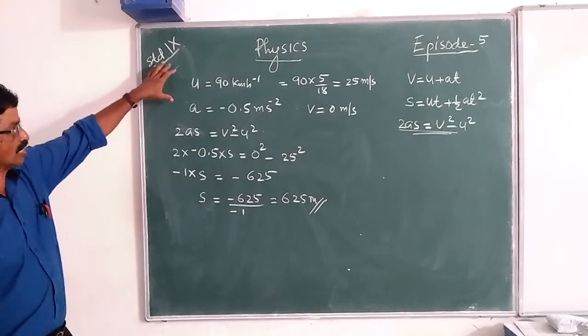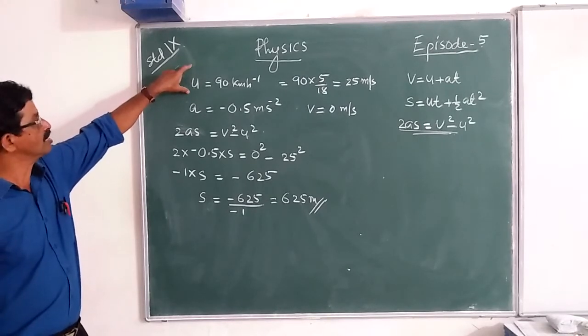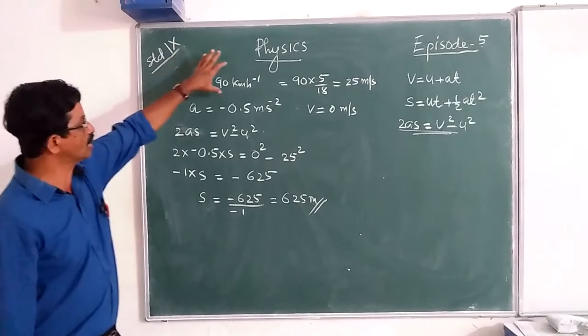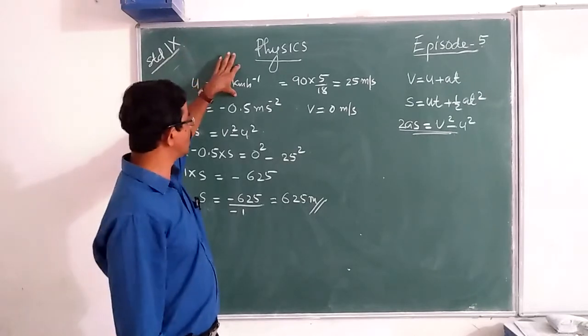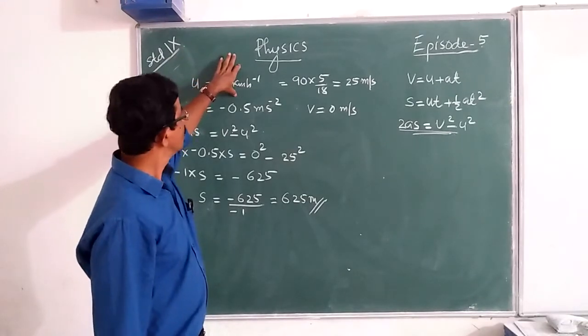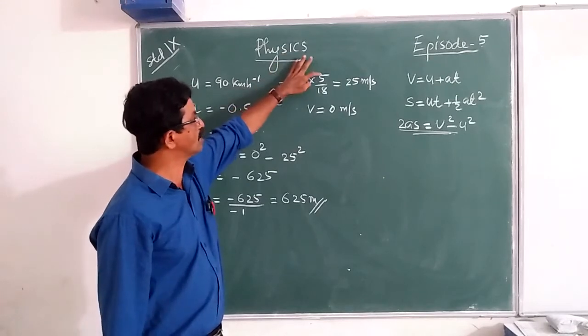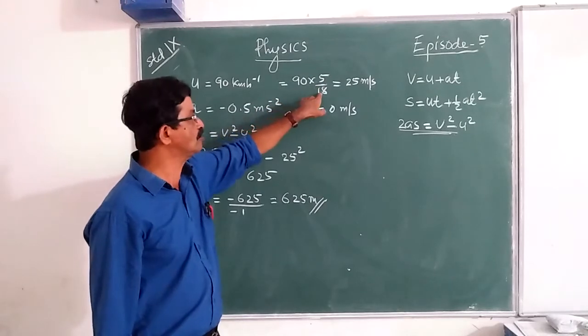Once again, when the brake starts to apply, its speed was 90 km per hour, so it is the initial velocity. To convert this kilometer per hour into meter per second, we multiplied with 5 by 18, because 1000 by 60 into 60.